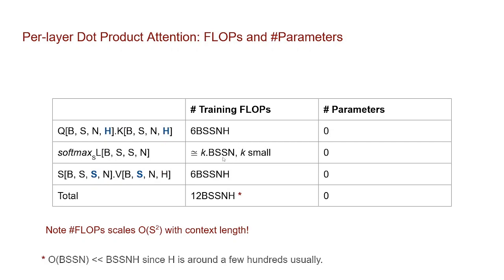So this can be ignored. Adding up the other two, we have 12 BSSNH training flops with 0 parameters. So we see that the number of flops in the dot product attention scales quadratically with the sequence length.